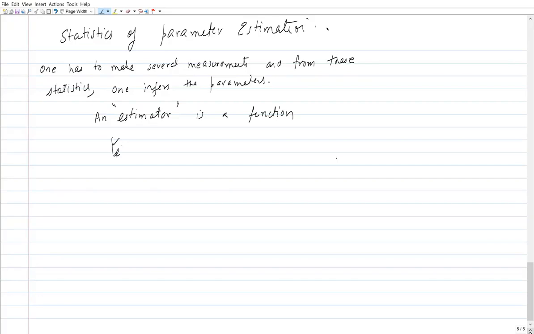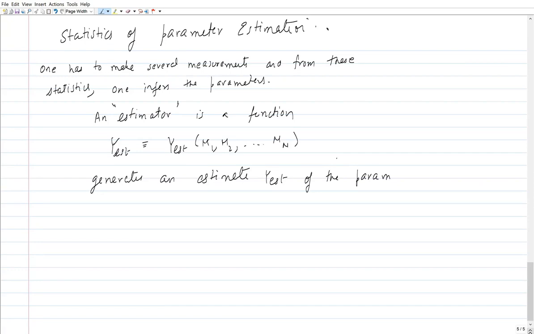I'll name it Y, the estimator, which is essentially a function that takes all your measurements and then generates an estimate y_est of the parameter x, based on the data. Remember, this was our measurement record.